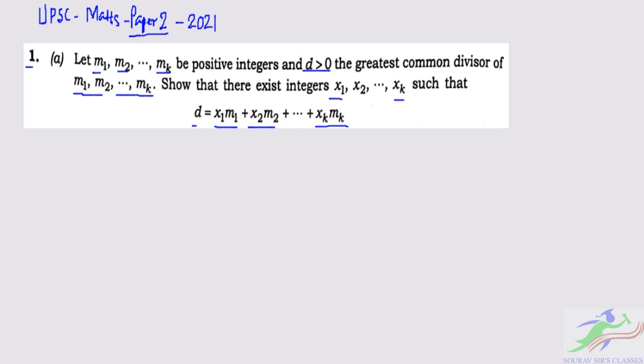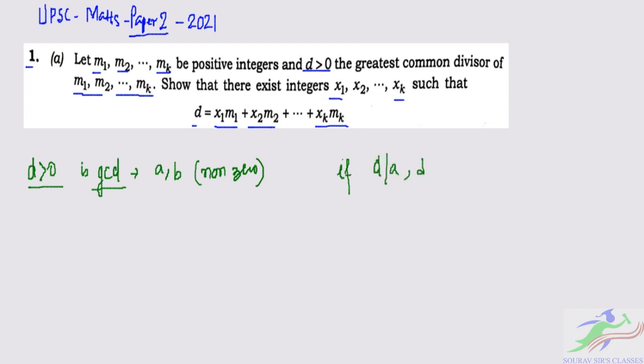Just for understanding, I'm going through that. An integer d greater than 0 is called the GCD, the greatest common divisor, of two non-zero integers a and b if d divides a and d divides b, and if c divides a and c divides b, then c divides d.